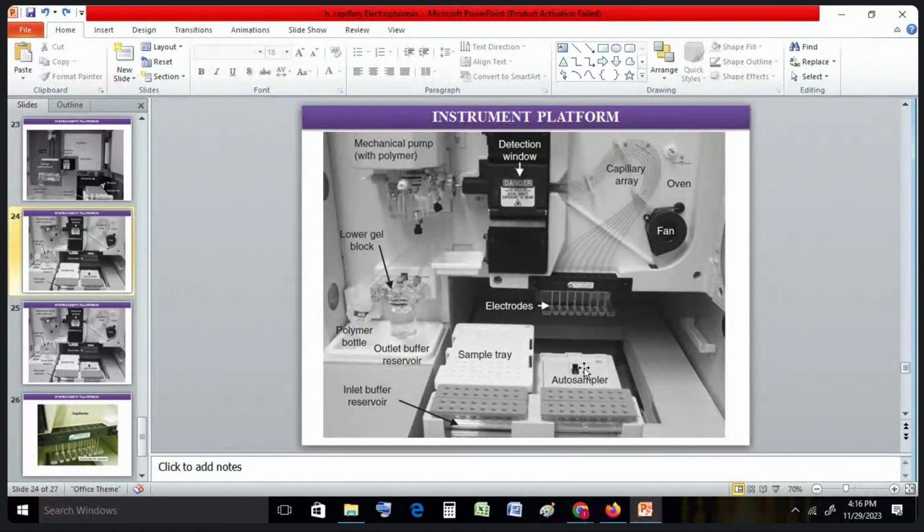Now we have a 24 capillary machine, or the machine that can run 24 samples together. So over time we are advancing our machines by increasing the number of capillaries. More capillary, more quick.